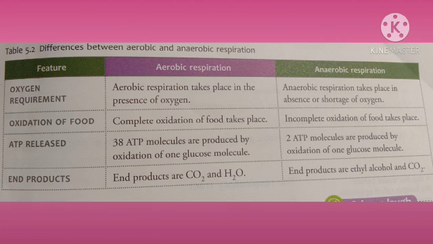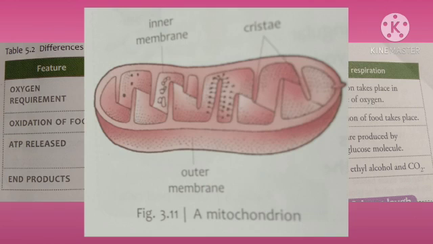Aerobic respiration produces more energy, about 38 ATP molecules. Anaerobic respiration produces little energy, about 2 ATP molecules. Aerobic respiration requires mitochondria to complete the process. Anaerobic respiration occurs only in cell cytoplasm and hence no need of mitochondria.